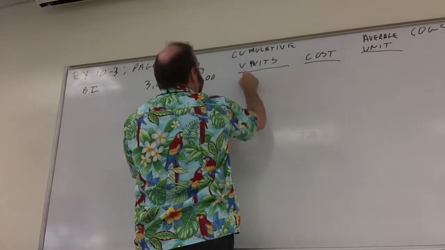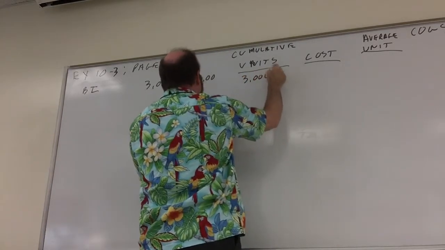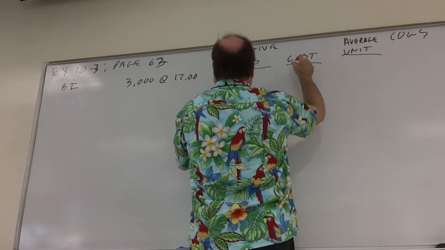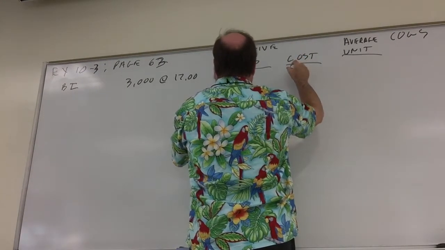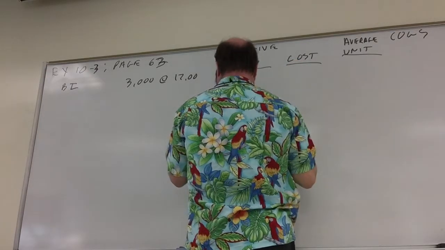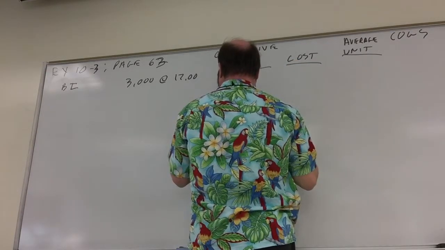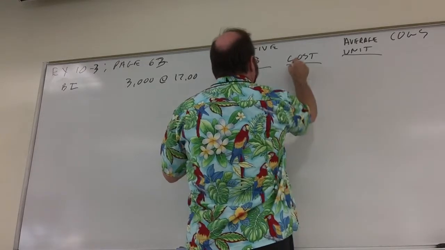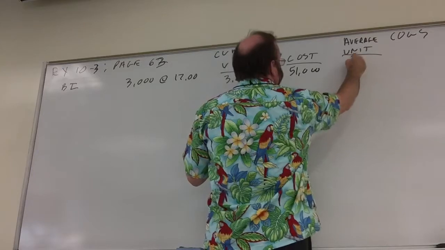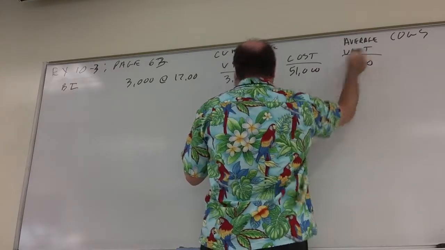So we have 3,000 units at a total cost of $51,000. And then, of course, the average unit is $17. Okay?